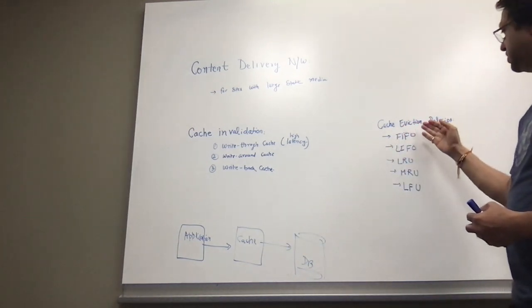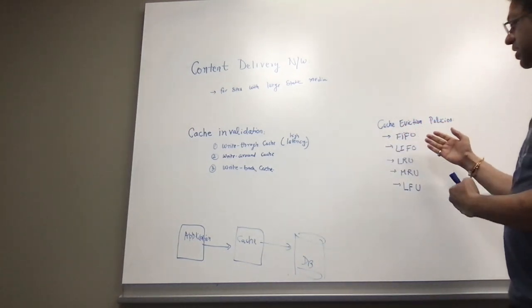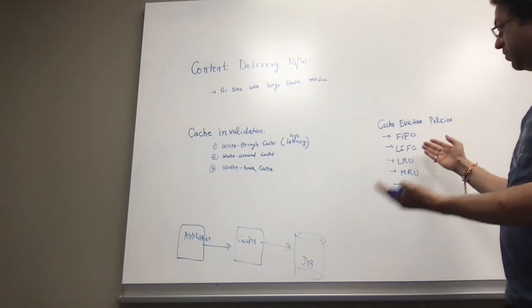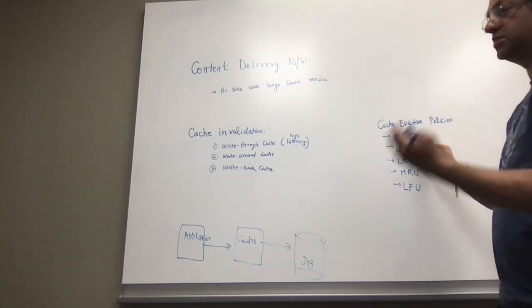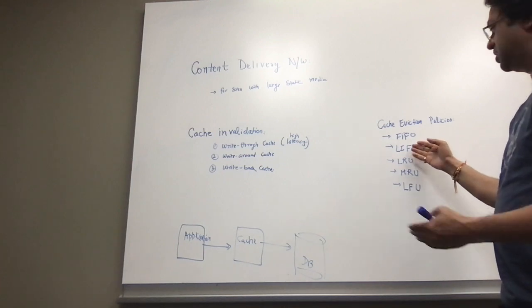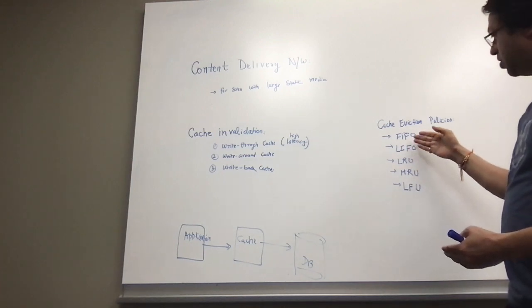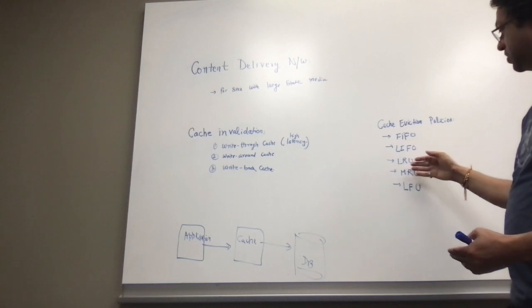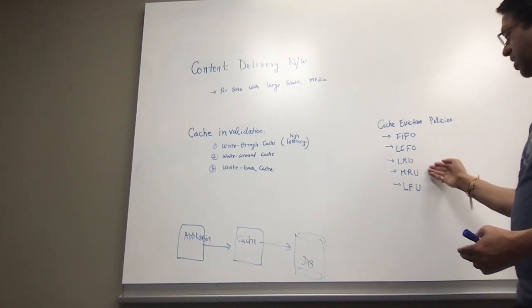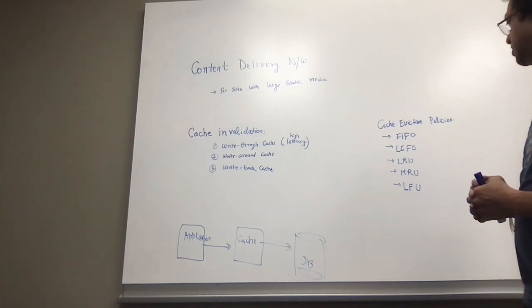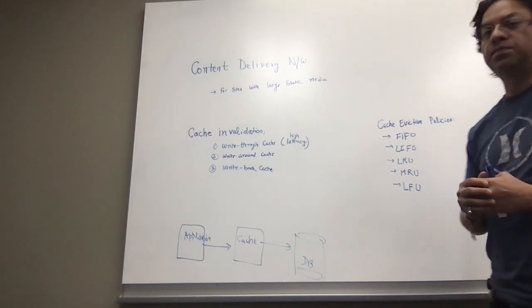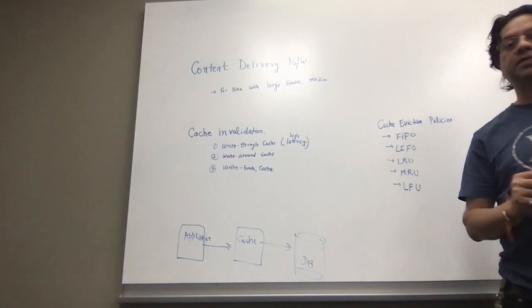These are first in first out, where the first-in data is evicted, and last in first out, where the last accessed data is removed. We know all these terms: first in first out, last in first out, least recently used, most recently used, and least frequently used. These are the cache eviction policies, the different algorithms we use to evict the cache.